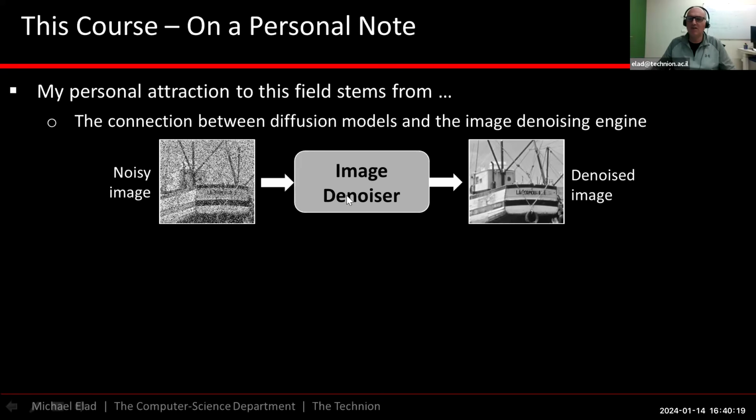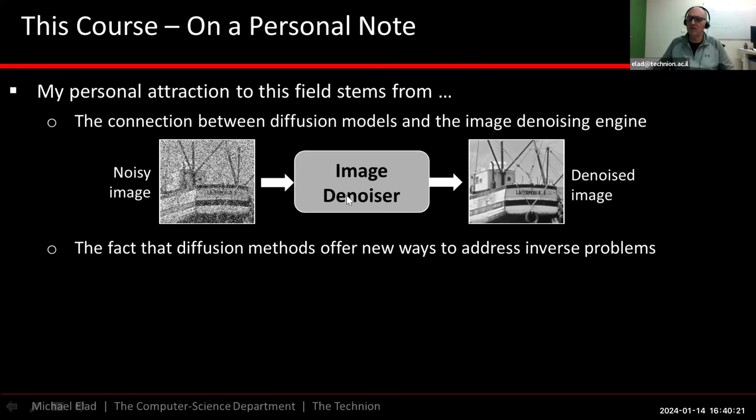Once I started diving in, I found other reasons to be interested in diffusion. One thing that interests me along the years is the solution of inverse problems. You know, you get a corrupted measurement, some corrupted image, and you want to clean it up, clear it up. How do you do that?